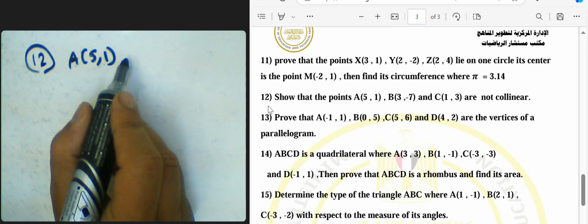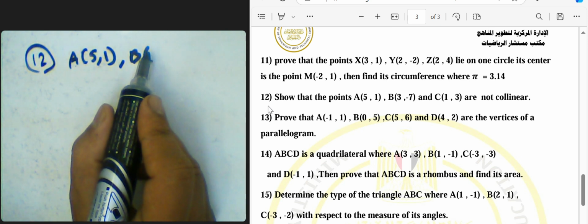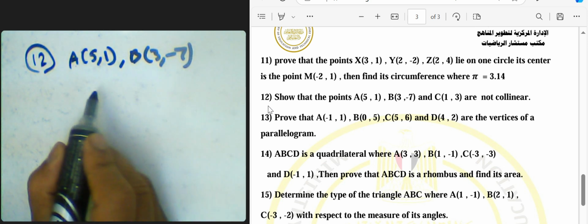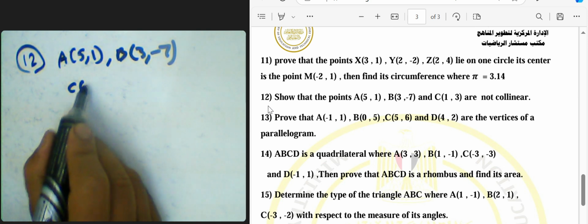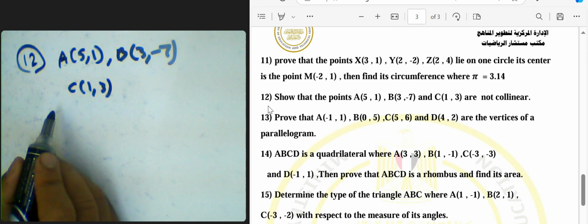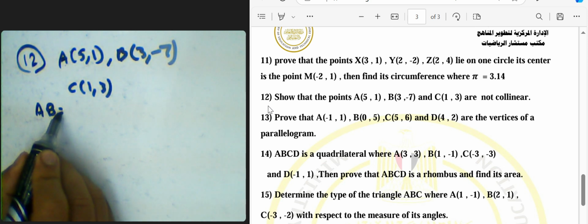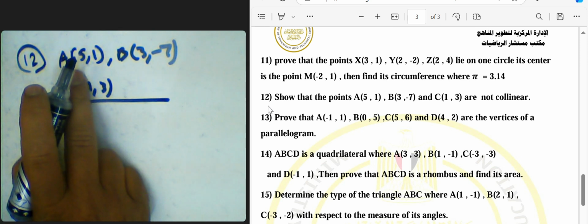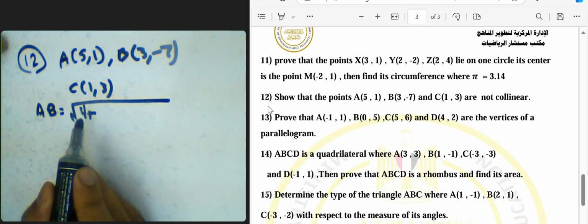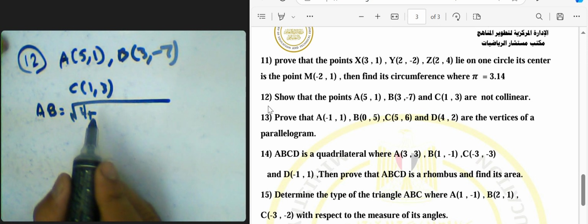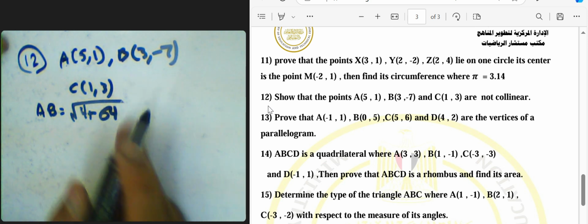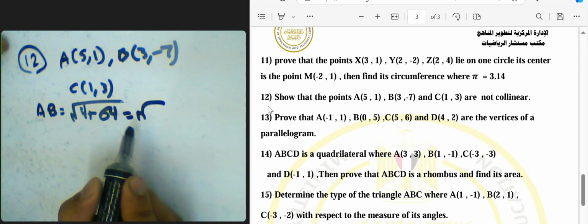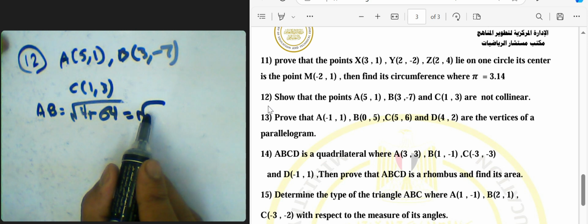So I will write all points first, to know the digits, and then I will solve with you, okay? Look with me at the steps. We have A, B: square root of 3 minus 5, -2 power 2, it will be 4. -7 minus 1, -8 power 2 equals 64. The result will be 64 plus 4 equals 68.